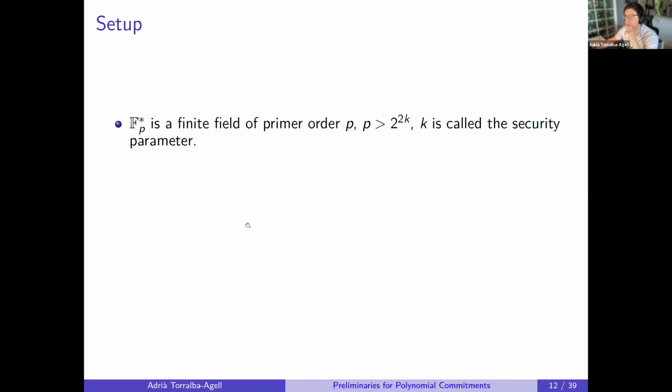So let's present the setup for this whole session. Fp is the finite field of prime order P, where P is larger than 2 to the 2k, and k is the security parameter. This alone is a whole topic, really interesting, but in our case, what we are interested in here is that P is a prime number large enough, so our adversaries will be probabilistic polynomial time.